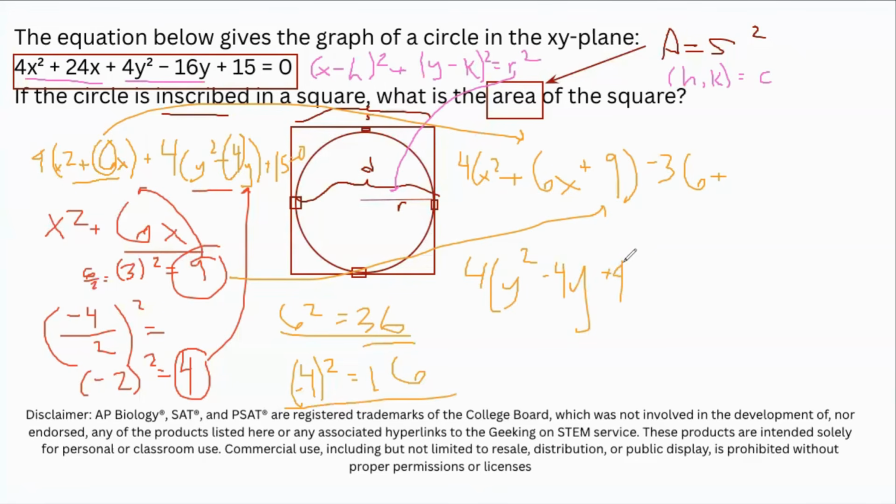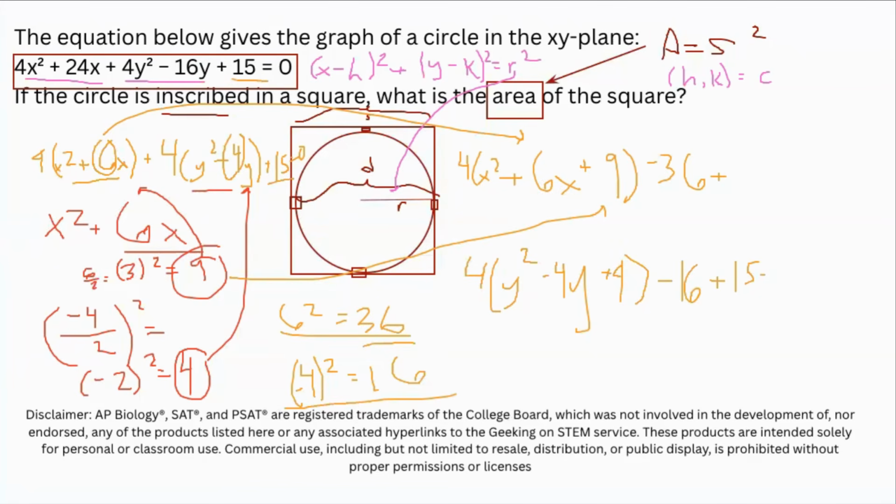That's my 4 parentheses. Going ahead and minus 16 plus, remember, I had that 15 in that original equation, so plus 15. And this is all going to equal 0, right?